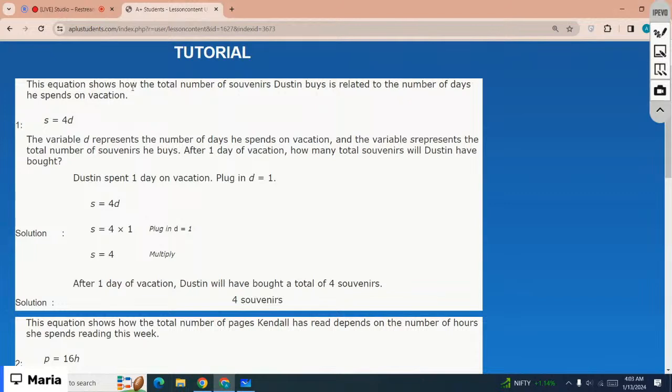So you're given the equation S equals 4D, and you have to calculate after 1 day of vacation how many souvenirs he has. So you have to replace D with 1, so that would be 4 times 1. That means after 1 day of vacation, he has 4 souvenirs.